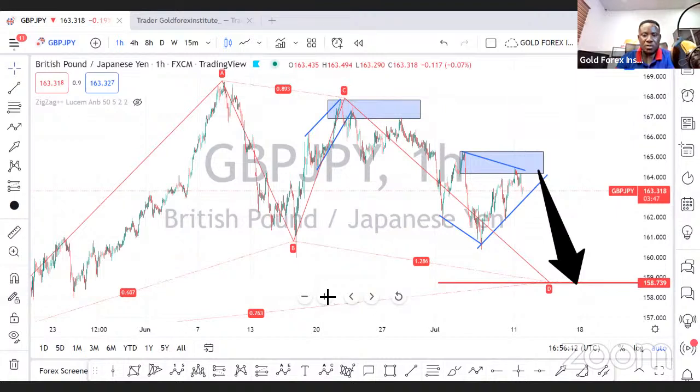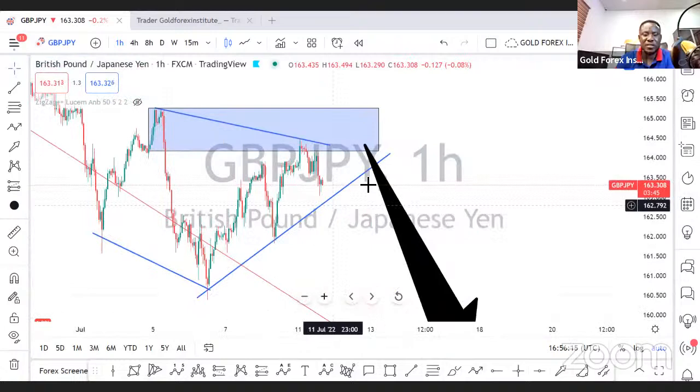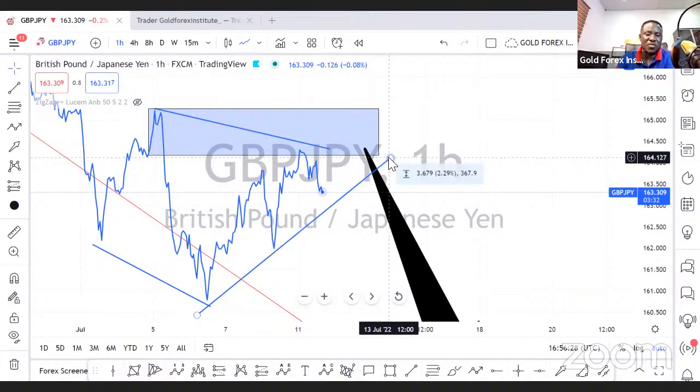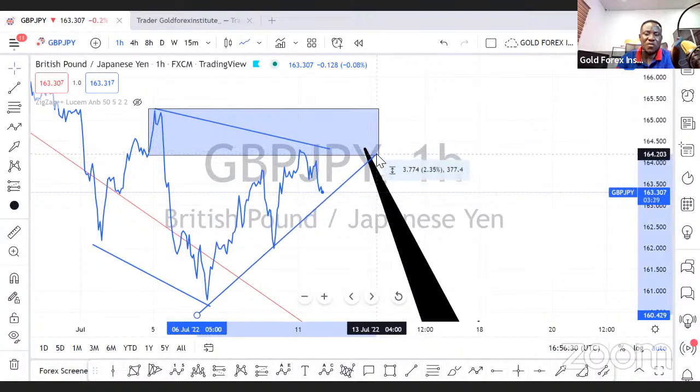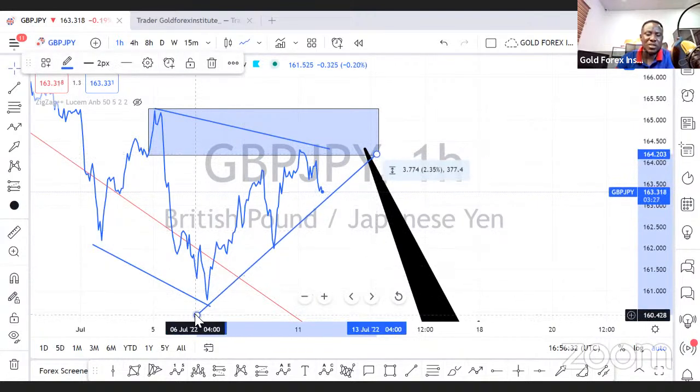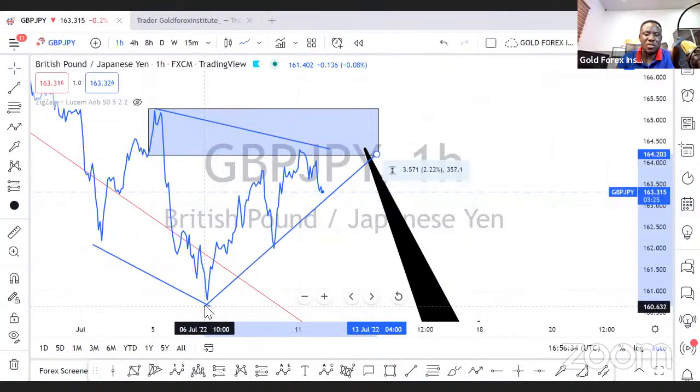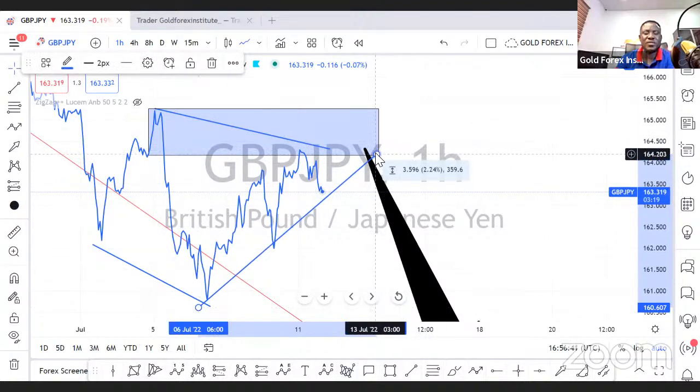Okay. So once it breaks this level, if you've not entered, you might want to wait for it to break this trend line. Okay, this trend line. When you are drawing a trend line, please change your chart to a line chart to get a perfect trend line.